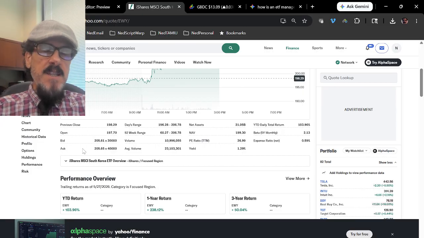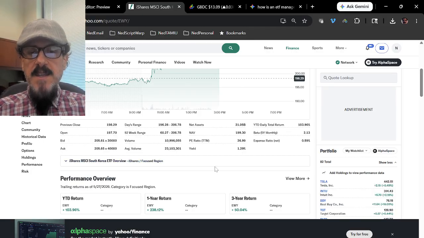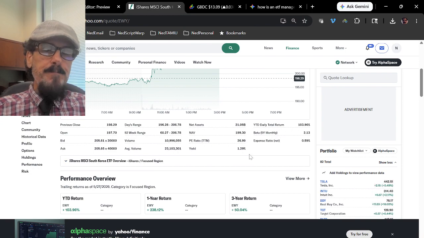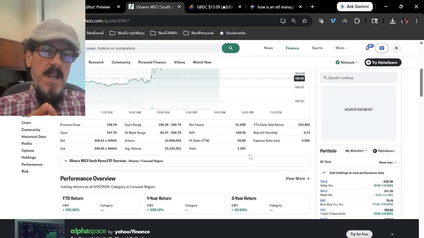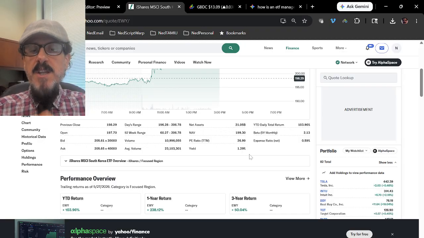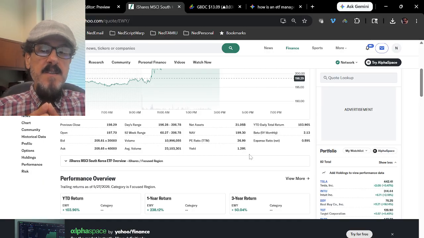With an ETF like EWY, you pay taxes on the distribution yield, depending on the frequency. If you're getting that yield paid to you monthly, you have to pay taxes on that on a regular basis.